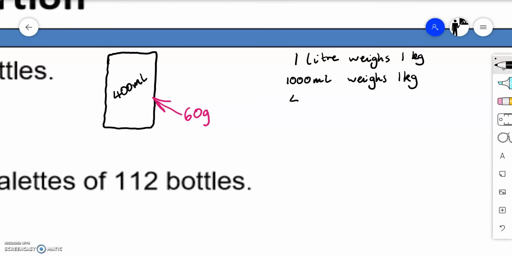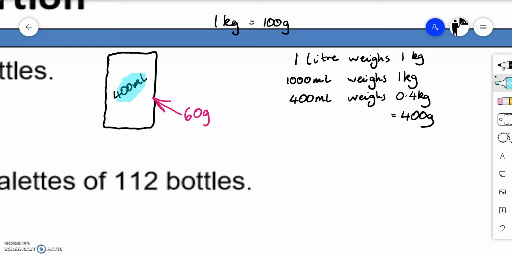So we've got 400 millilitres, so that's going to weigh 0.4 kilograms. Or if you want, we can keep that as grams just now. That's 400 grams. Remember, in 1 kilogram, there is 1,000 grams. So we now know that this 400 millilitres weighs 400 grams.